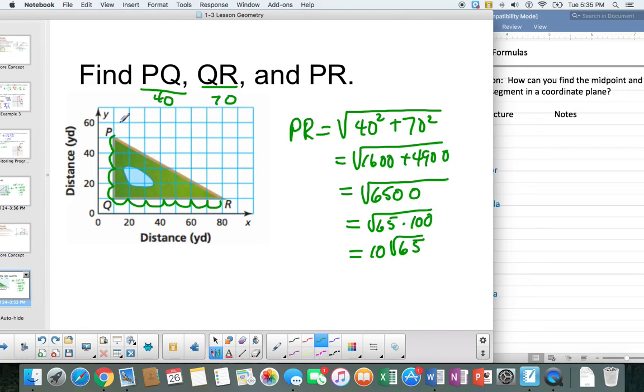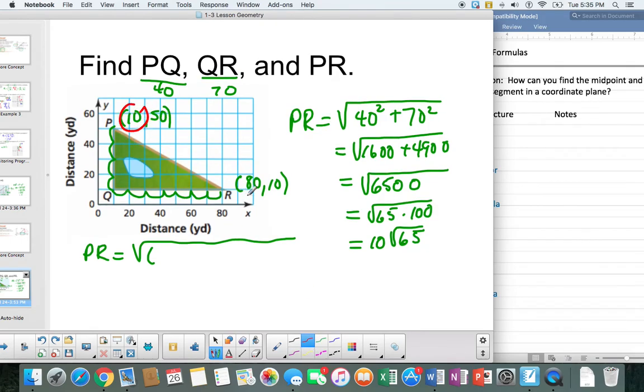The other way to do it is with points. This point is (10, 50), and this point is (80, 10). And you can actually find the distance using the distance formula. So I would take away the 2 x's. So that'll be 80 take away 10, squared, plus, now we're going to take away the 2 y's.